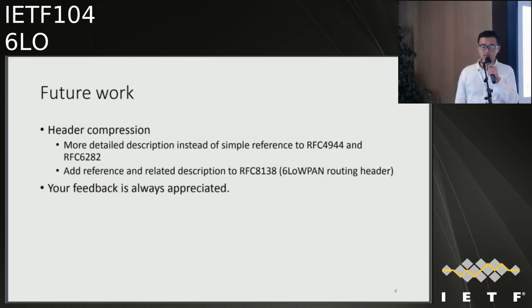We will also add some references and related description about the 6LoWPAN routing header, something like that. And maybe you can give some comments about this draft for our new versions, because now it is a working group document, it belongs to the group now.